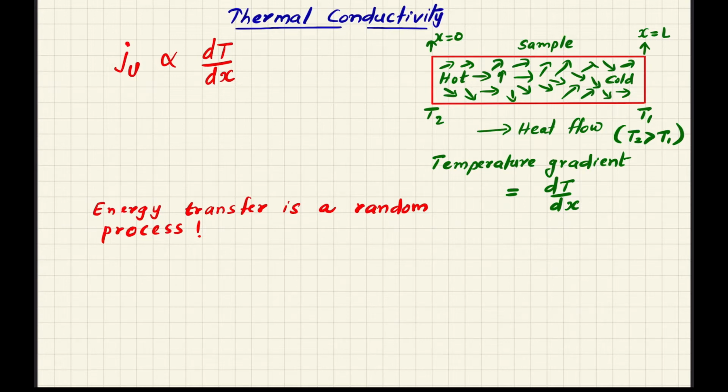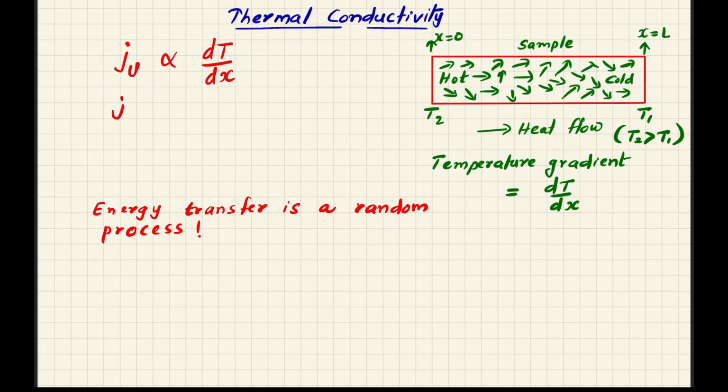So, for a moment we assume only the one directional flow. In fact, the thermal conductivity will be different in different directions, because it's completely a random process. It is not like heat transfers in a unidirectional way from the hotter end to the cooler end. And this proportionality constant is called the coefficient of thermal conductivity.